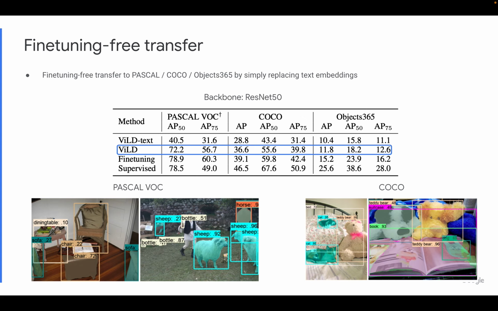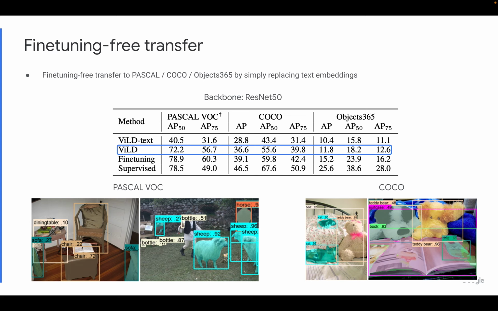After training on LVIS, we directly transfer WILD to other detection datasets without any fine-tuning. All you need to do is replace the LVIS text embeddings with the text embeddings of the target dataset's categories. We evaluate on Pascal VOC, COCO, and Objects365. They are all popular detection benchmarks. The AP and more results are listed below.